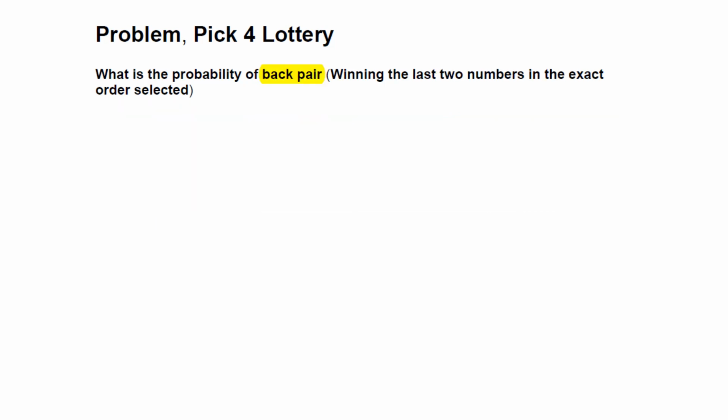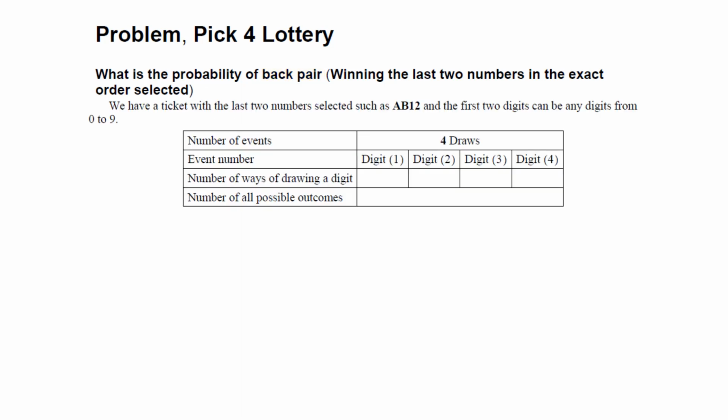Now, what is the probability of a back pair, which means winning the last 2 numbers in the exact order selected? Let's assume that the winning ticket ends with the 2 digits 1 and 2. It means any ticket which holds at the beginning any 2 numbers and ends with 1 and 2 is a winning ticket.